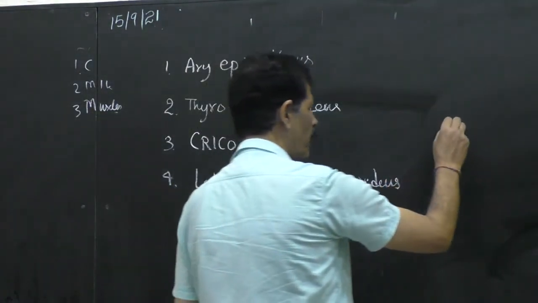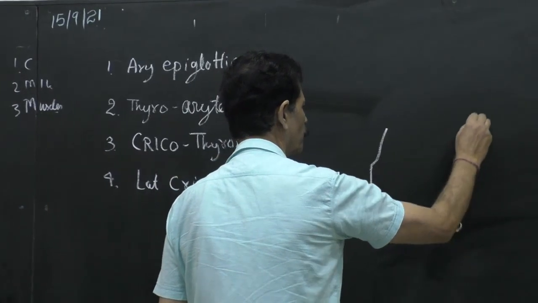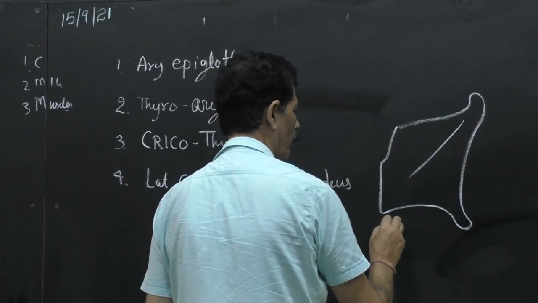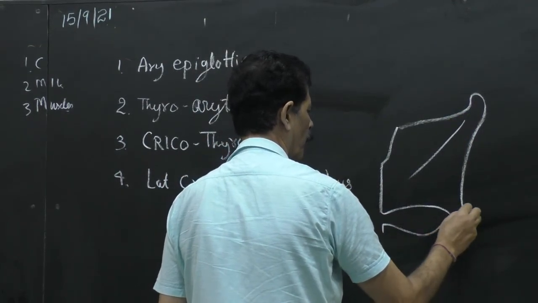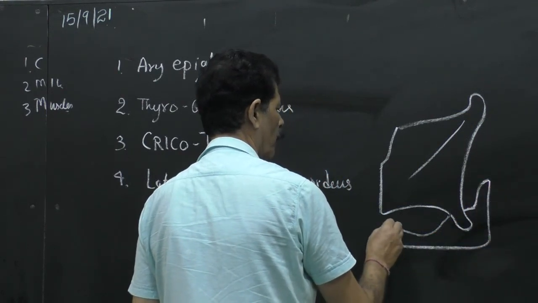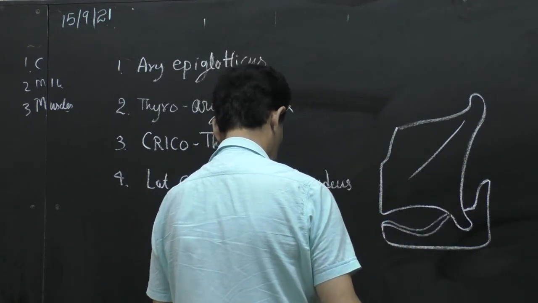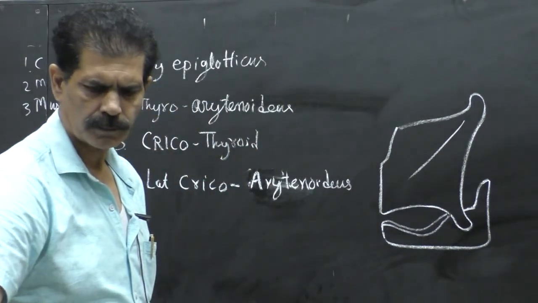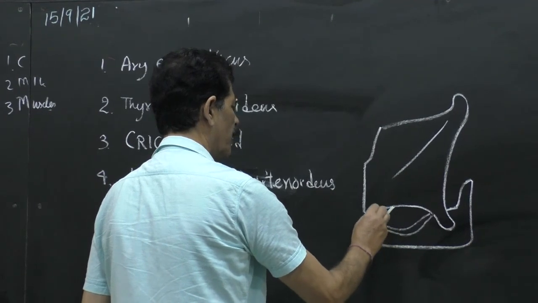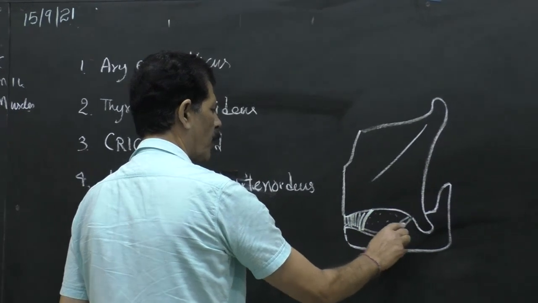So this is the lateral cricoarytenoid muscle. This is the conus elasticus between the thyroid and the cricoid cartilage, and this is the superior border of the cricoid cartilage.